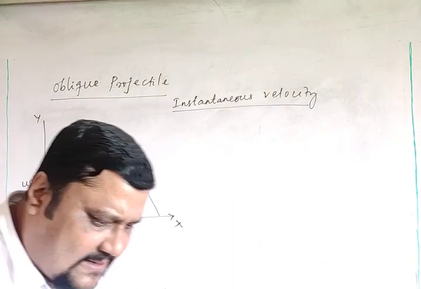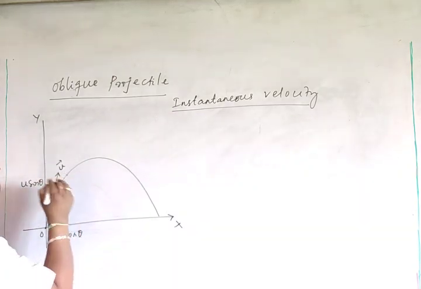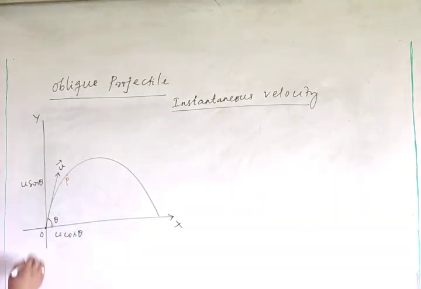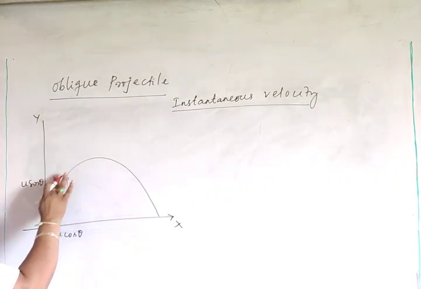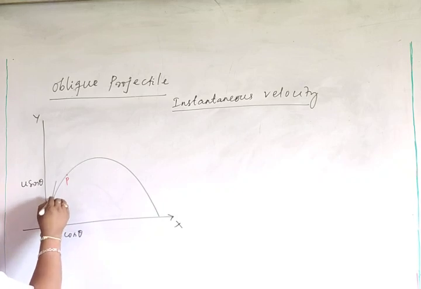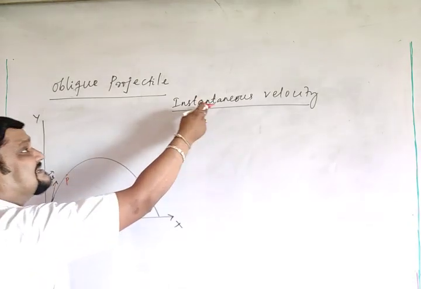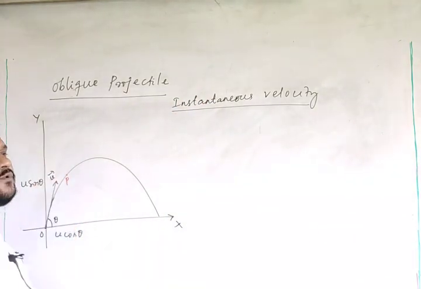To calculate that, let us consider the projectile is at the point P at an instant t, and obviously it starts from the point O, projected with the initial velocity u. The initial velocity, I can show like this, is always tangential, with a velocity u, and let it reach the point P in a time interval t. So at this point P, what is its instantaneous velocity? That expression I have to calculate.